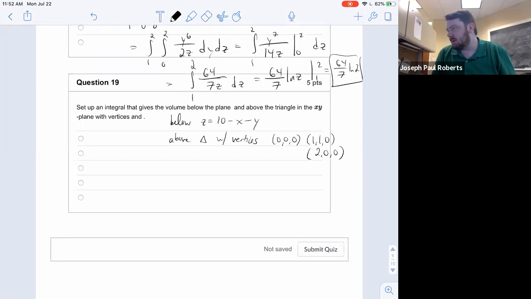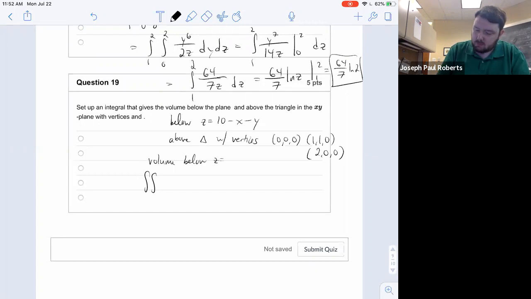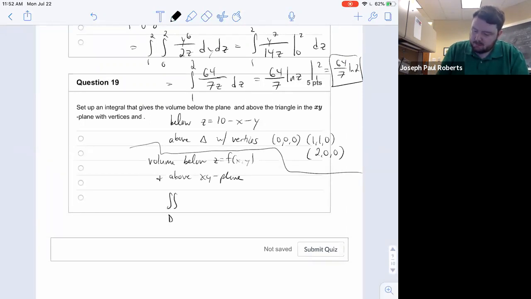So there's two ways we talked about volumes. For volume, you could either do a double integral: the volume below z equals f of xy and above the xy plane is a double integral of f of xy.